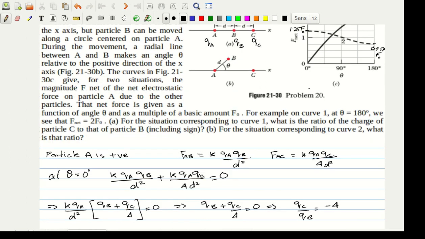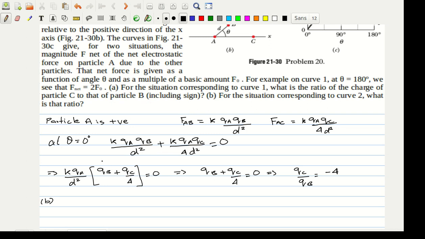So we know that at theta equal to 0 degrees, the force acting on this particle, we have already found out before, was simply k times qa over d square times (qb plus qc over 4), which is this term over here, but this time it is not equal to 0, it is equal to 1.25 f naught.